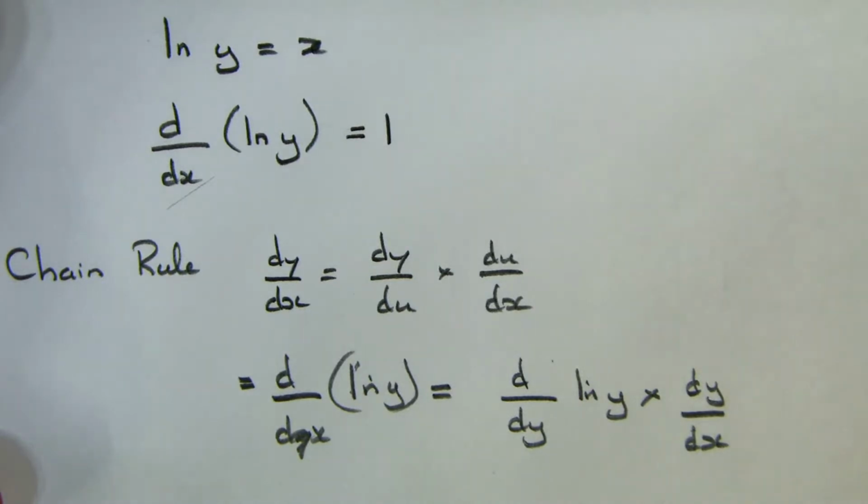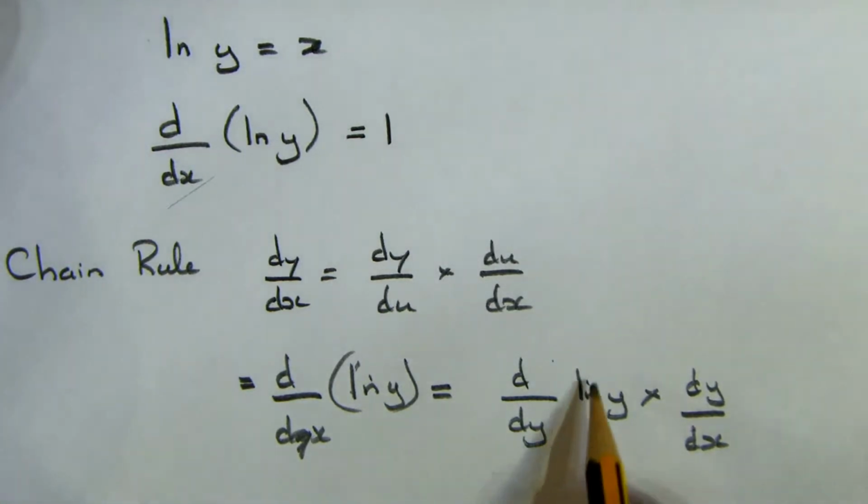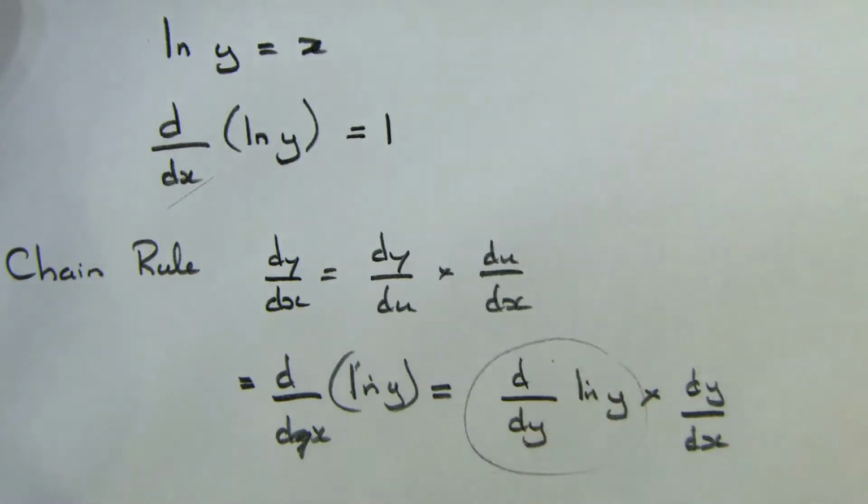So we also know that we've worked out most of that. So we should know that if I do d over dy of ln y, that's going to equal 1 over y, because we've just gone through and proved that.